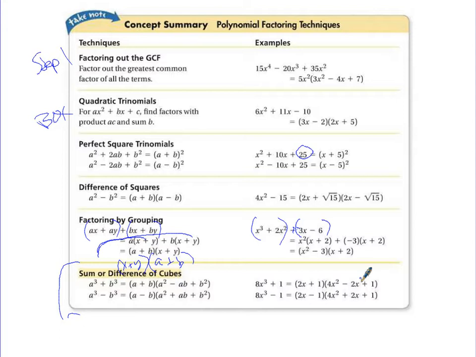X. So therefore, 2x times itself 3 times gives me 8x to the third. So I write 2x there. What number times itself 3 times gives me 1? 1. So I write a 1 there. And then I go 2x squared is 4x squared, so I write that there. 1 squared is 1, so I write that right there. And then 2x times 1 is 2x, so I put that right there. And I'm done factoring, because that's the pattern.